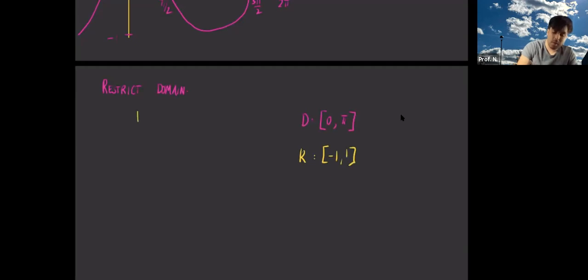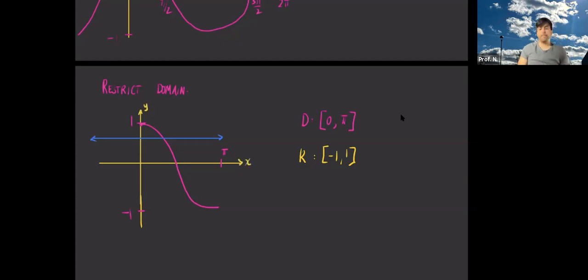And so when I graph this, I only have this piece. And guess what? It's 1 to 1. We did it.